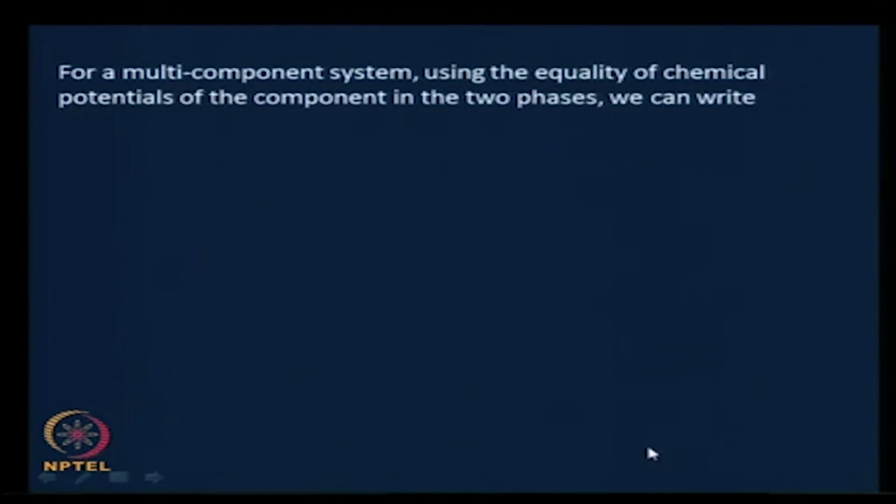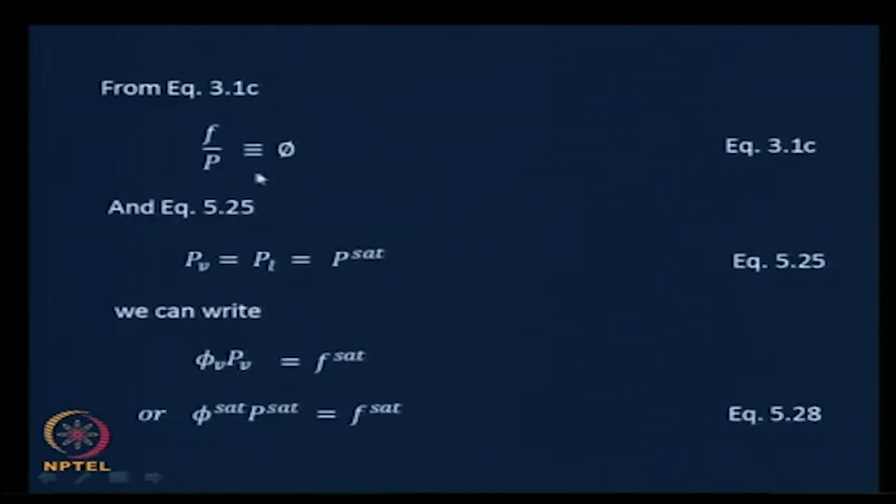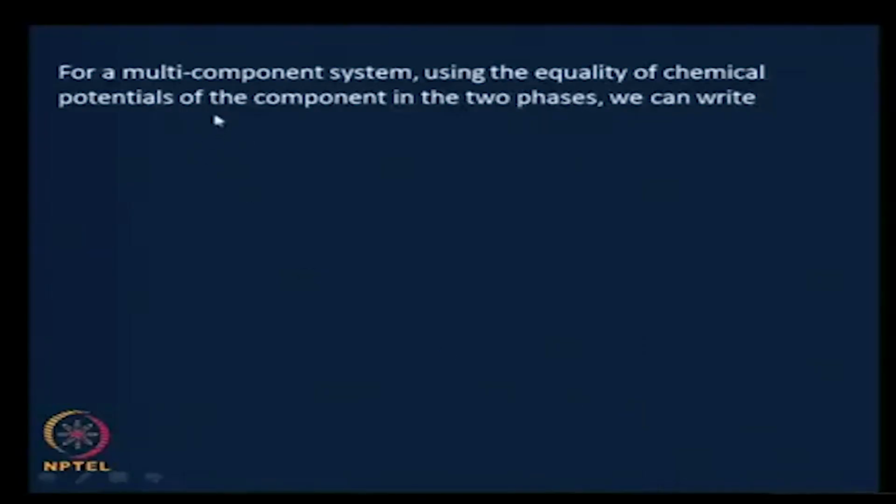In the previous development, f by P equals phi, and therefore, since f_V equals f_L, we had expressed the fugacity in terms of phi and P here and got f sat, and finally expressed everything in terms of the saturated value, and all this was for a pure substance. Now, let us look at a mixture, a multi component system.